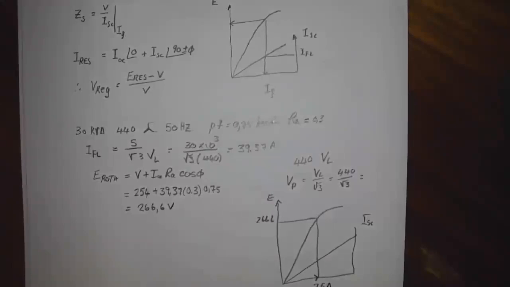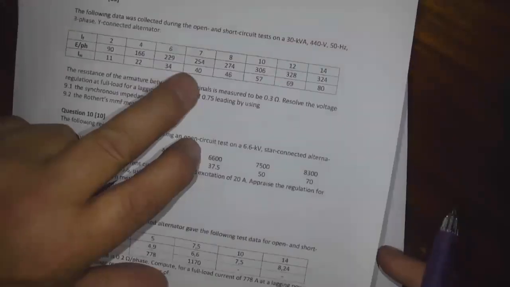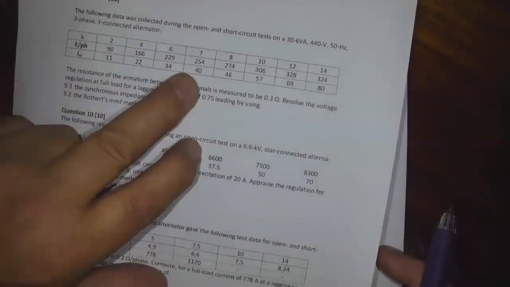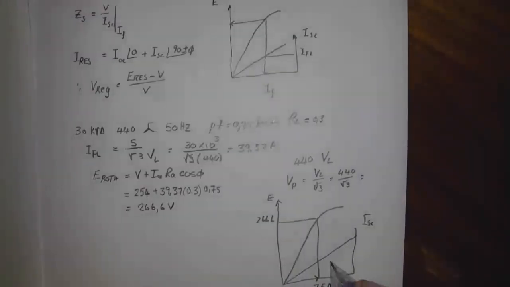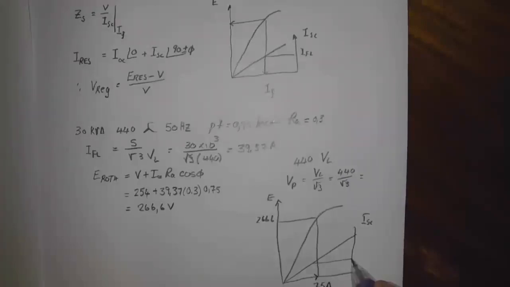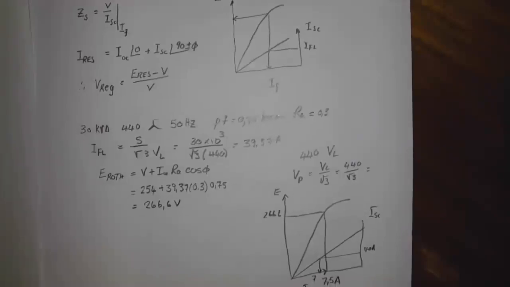Now, we said that, okay, 39.37. If you look there, that's almost 40 now. So therefore, for the amps, you get an excitation of 7. Right, so what now?